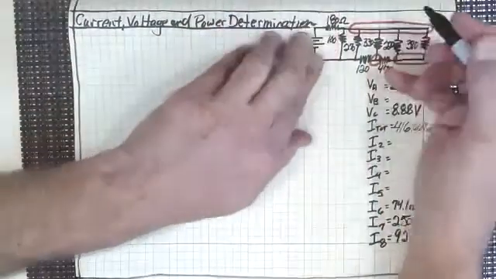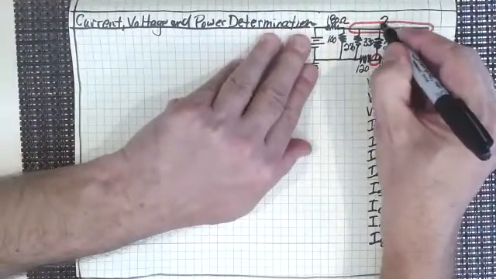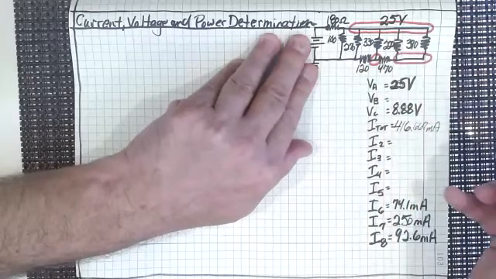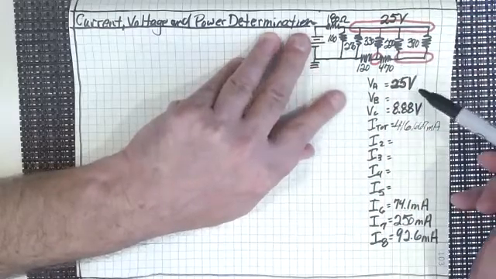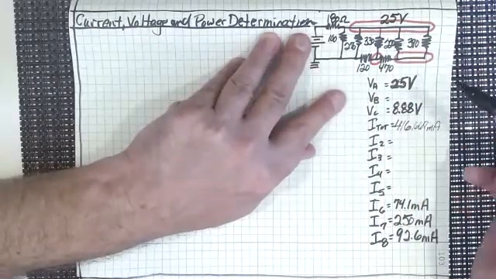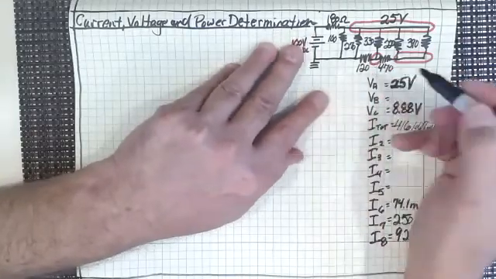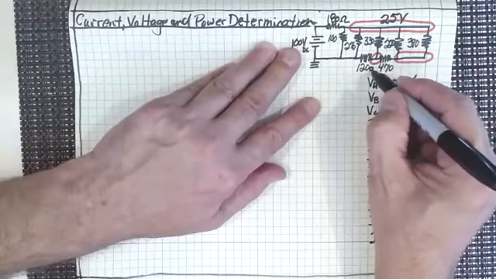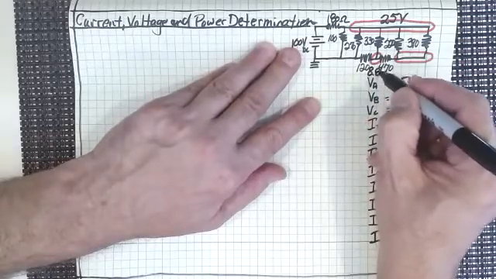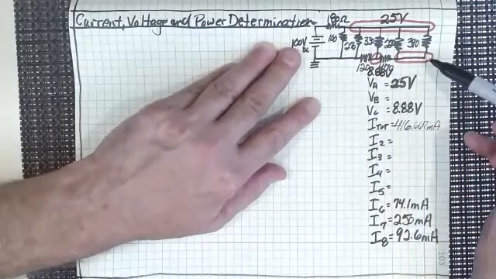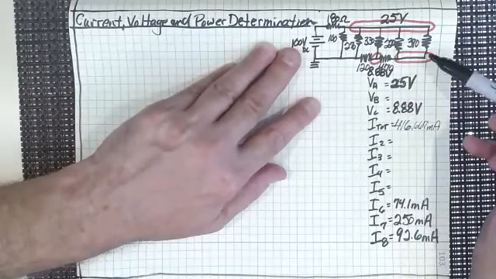I'm just going to write this in again. That was 25 volts. That was V sub A, and then V sub C, which is our voltage right here, was 8.88 volts. We haven't figured out what our voltage is here at voltage at B yet.